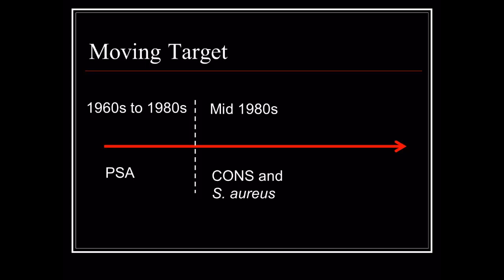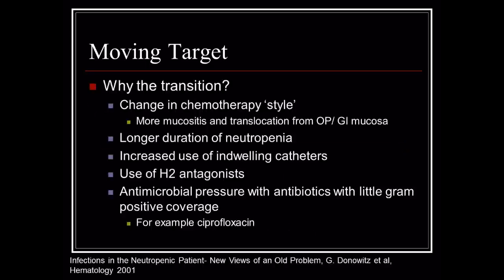You could ask, well, what happened? Why did this transition occur? There was quite a significant change in chemotherapy style. It became more, from an ID perspective, aggressive. There was more mucositis, leading to an increased risk of translocation of organisms from the mouth and GI tract. Patients were neutropenic longer.